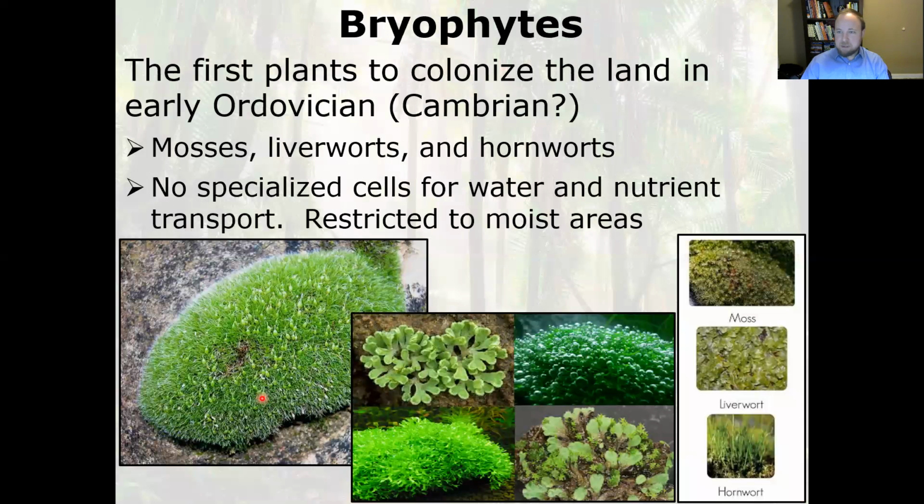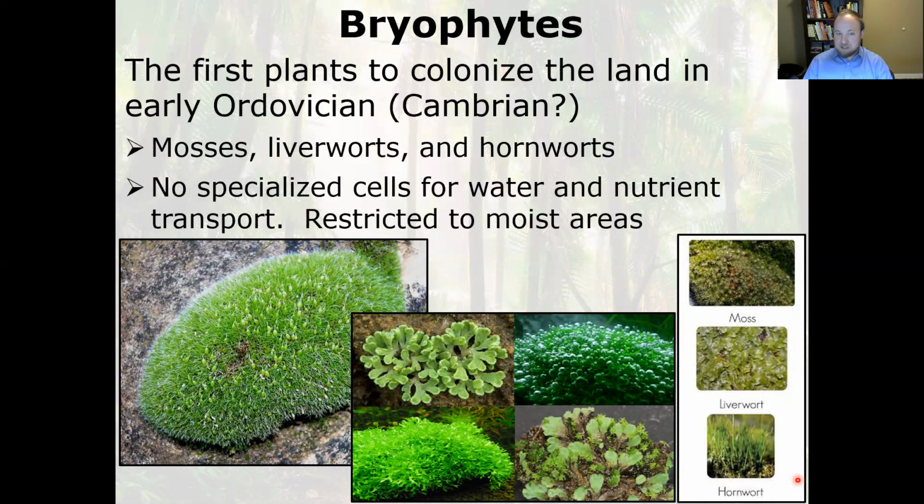The first thing that we would probably recognize as a plant, a quote unquote plant, would be the bryophytes. So things like mosses, liverworts, hornworts. These are things that we recognize as plants, right? One thing that's interesting about them is they do not have xylem and phloem. They don't have vascular tissue.